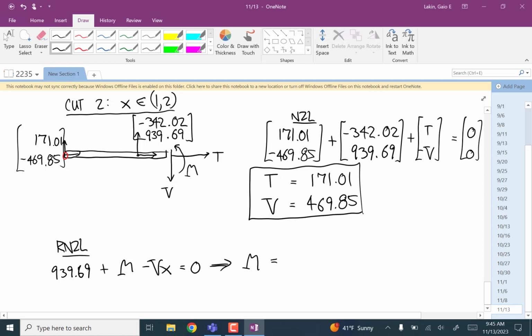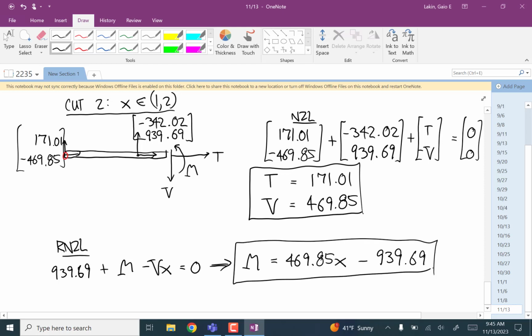And so M is equal to 469.85x minus 939.69. Anybody have any questions about that? Okay, we have a couple minutes.